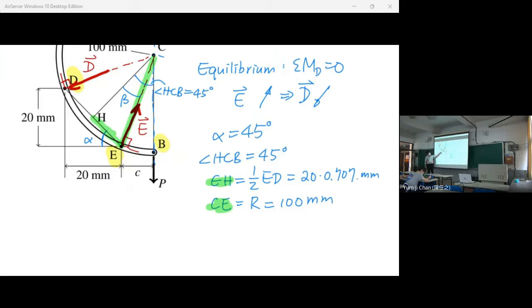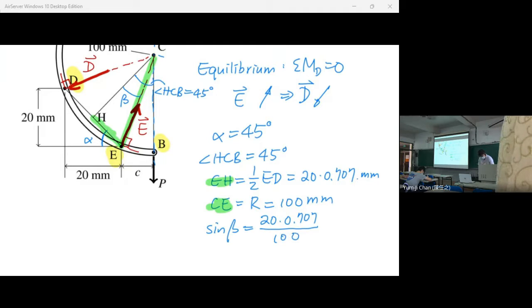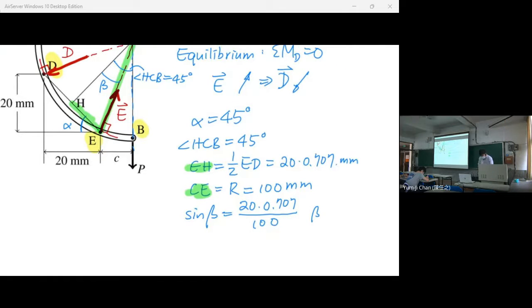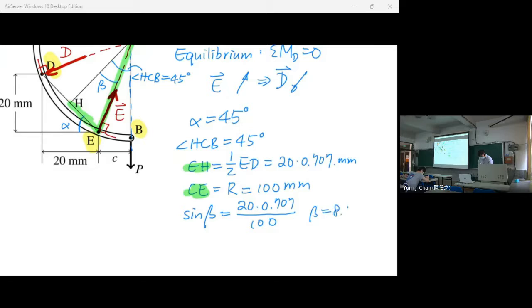We know this one and we know this one. Sine beta is equal to 20 times 0.707 divided by 100. And so beta, let me give you the answer, is equal to 8.13 degrees.